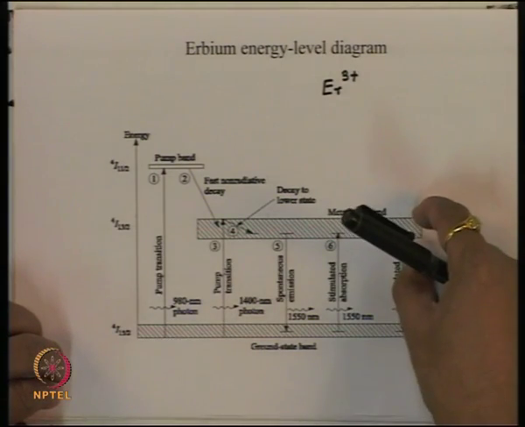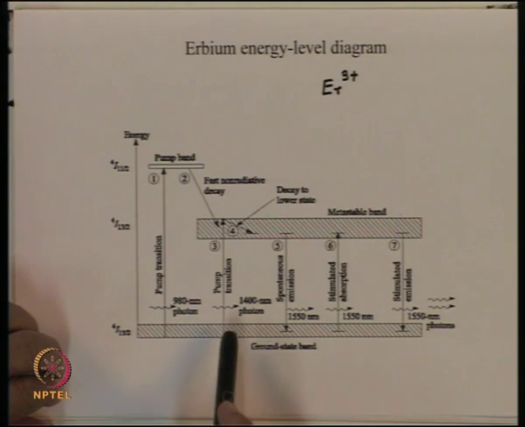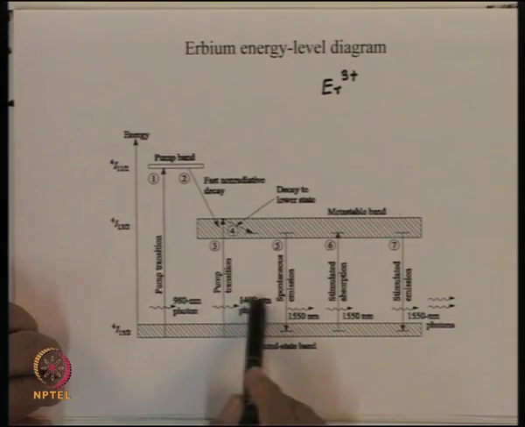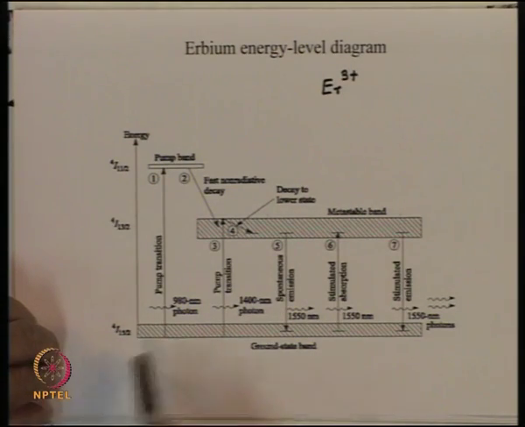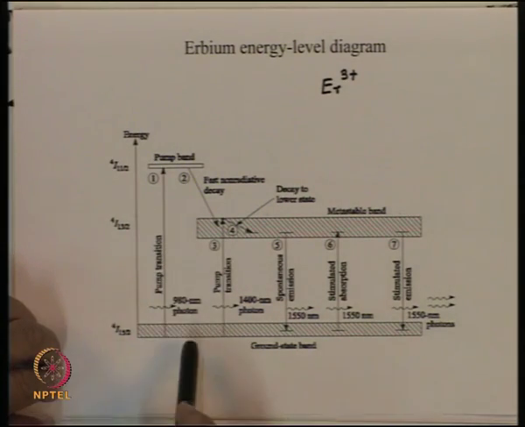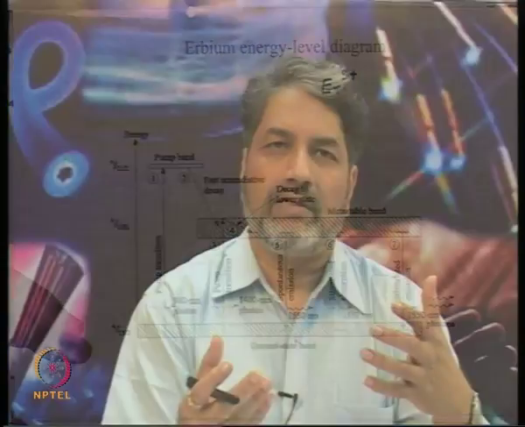Since this band is very broad, we can either pump the material by transporting electrons from this level to the higher end of this band, which is 1480 nanometer, or we can take the electrons to this level, which is the 980 nanometer energy difference. So the erbium doped fiber amplifier can be pumped either by a 980 pump source or by a 1480 pump source.